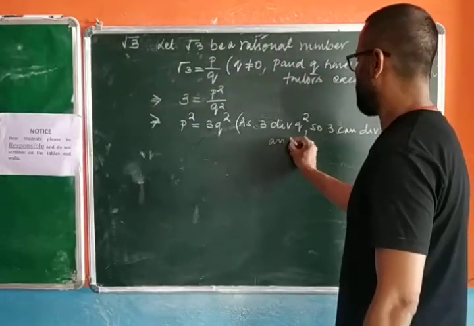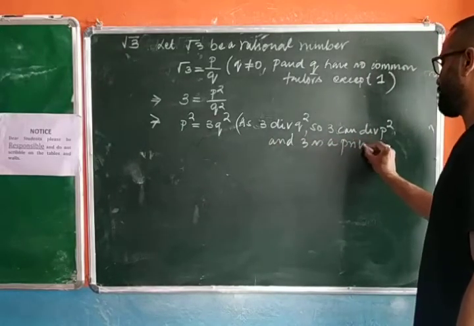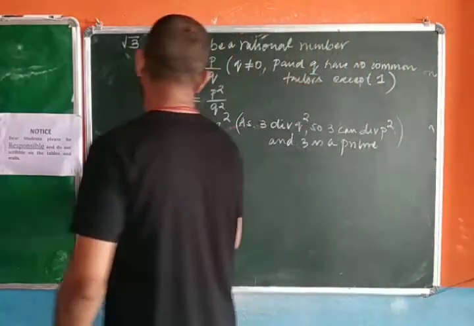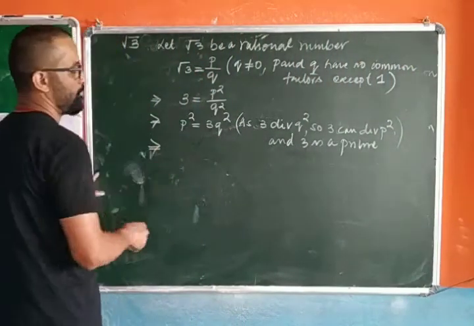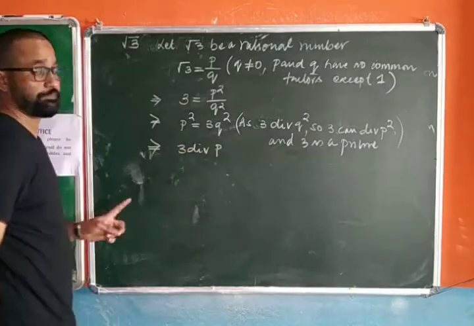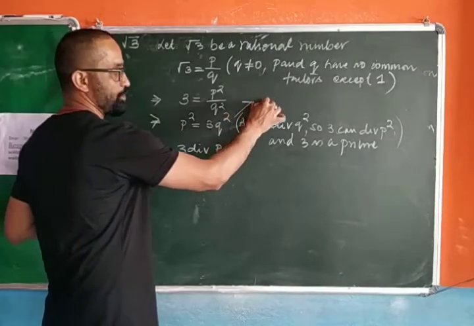And 3 is a prime number. First condition: so 3 divides p. We take it as equation number 1.